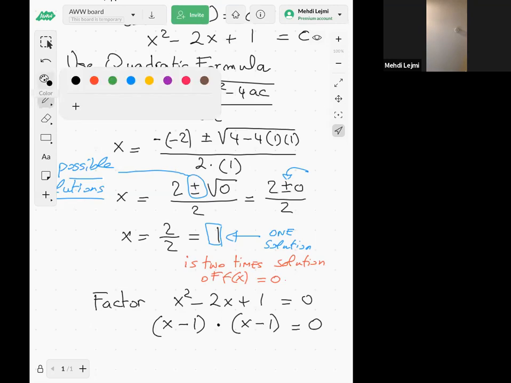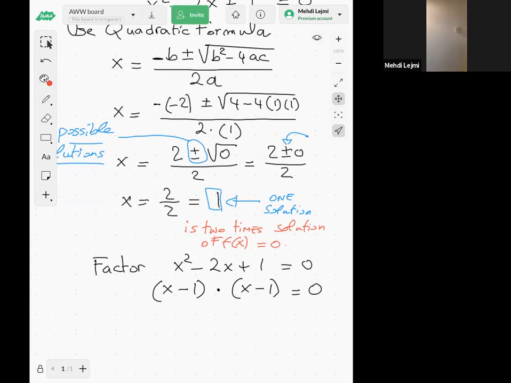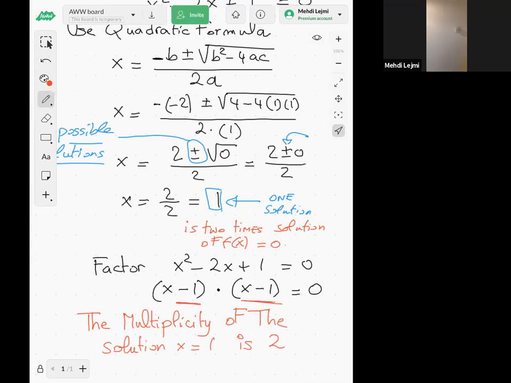So the multiplicity of the solution x equal to 1 here is 2, because we have x minus 1 times x minus 1.